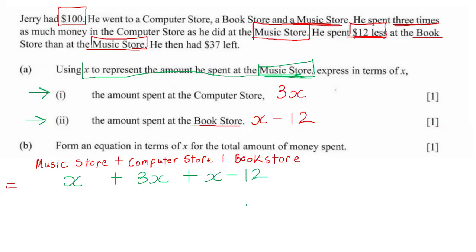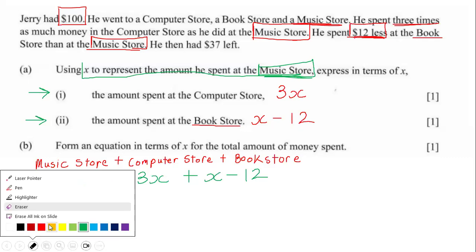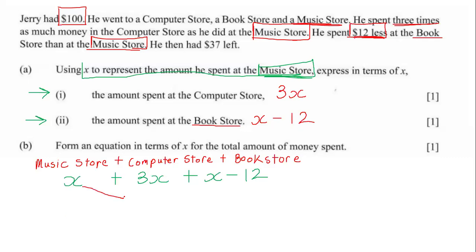So now we're just gonna add it, right? Remove this equal sign. So it's gonna be X plus 3X, which is 4X. Plus X is 5X. Minus 12.